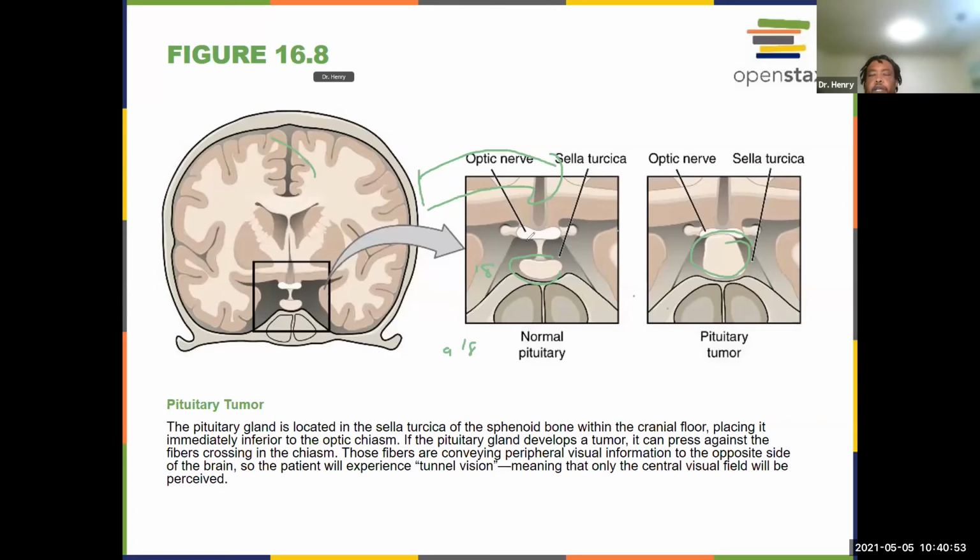As a result of it putting pressure on the optic nerve, we're not able to see. So we'd have normal vision in one case, and in this patient, they noticed that this person had what they call tunnel vision, meaning that the only thing they could really focus on is what is directly in front of them. So they weren't able to see the periphery. Okay. And a lot of times, we could have tumors having an effect on different things.